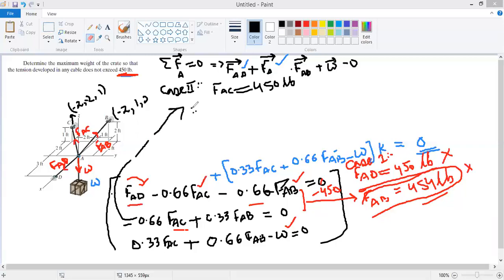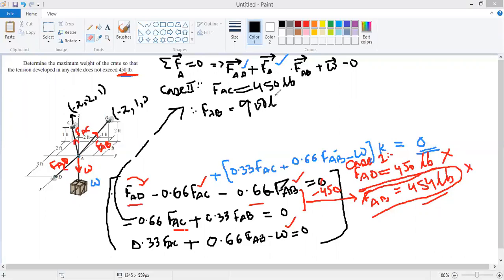Therefore, the value of FAB comes out equal to minus 0.66 into FAC divided by 0.33, which comes out equal to 900 pounds.